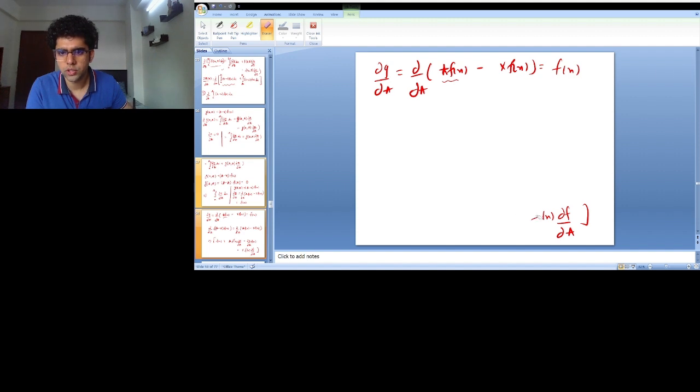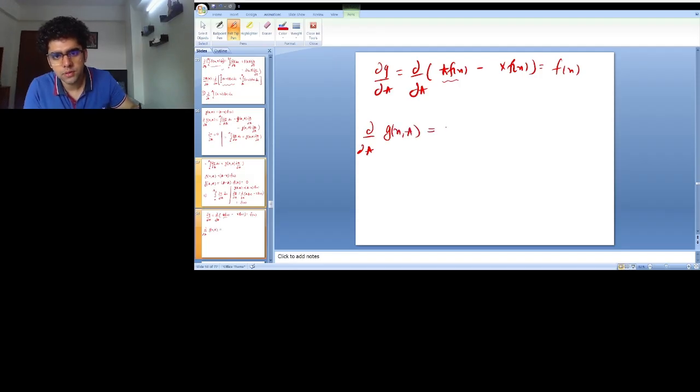So we don't need to touch the other function. So my function becomes f(x), right? So finally the value of my integral becomes del by del a of the integral of g(x, a), which is the integral from small a to capital A of f(x) dx.